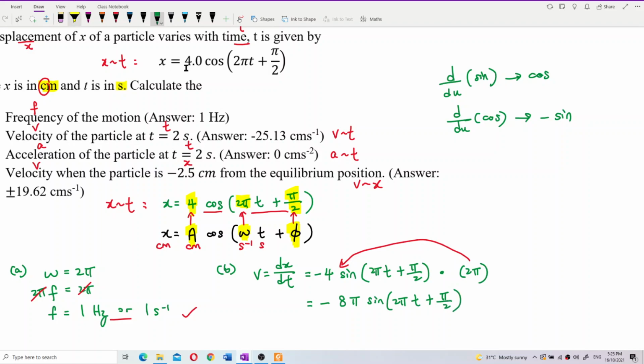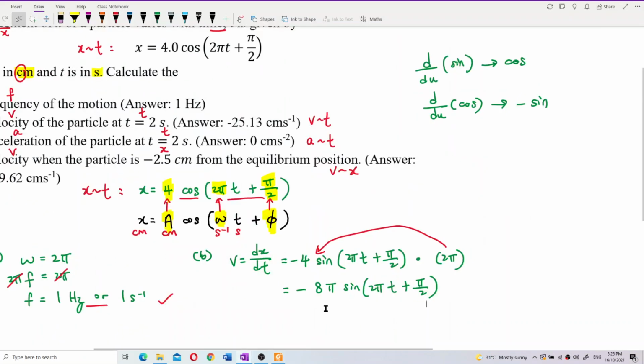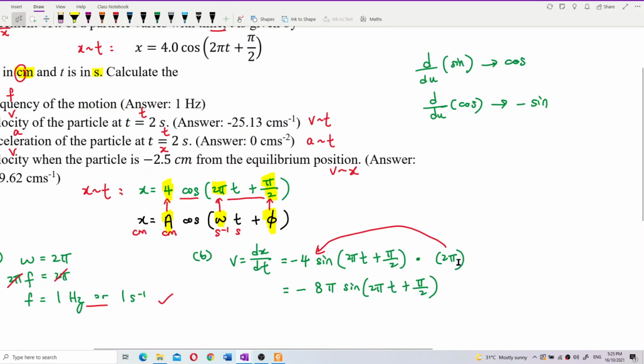I did teach you about this differentiation last time, if you still remember, how I differentiate displacement to velocity and then to acceleration. The omega multiplied to the front is the same thing like this one. This is actually the omega. Understand or not?